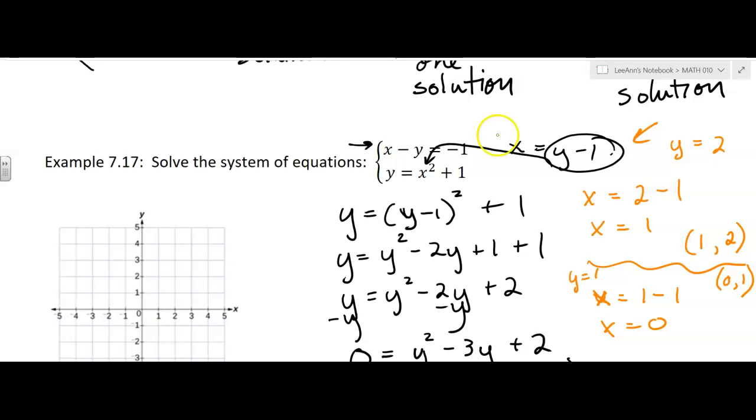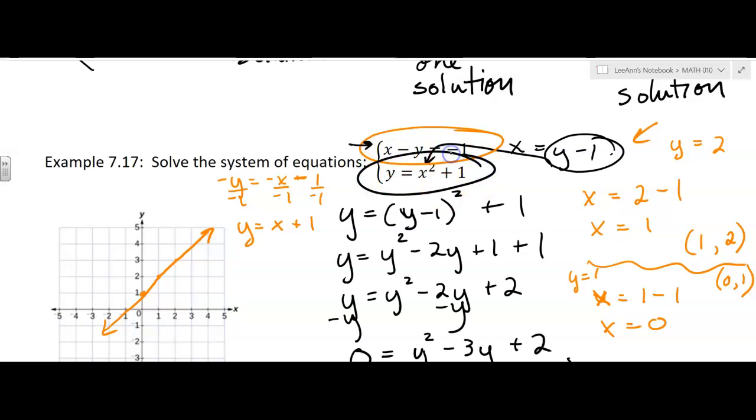Let's graph this. Okay, so normally, we have it in slope-intercept form. Oops. Divide everything by -1. You could graph it with a table of values too. Okay, so I'm going to go through this point at 1, and my slope is 1, and my line is going like this. Then I have to graph this parabola.